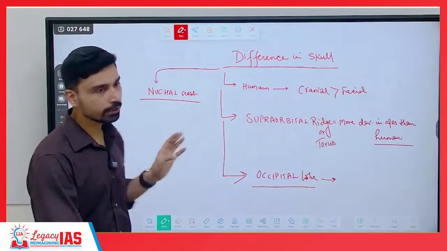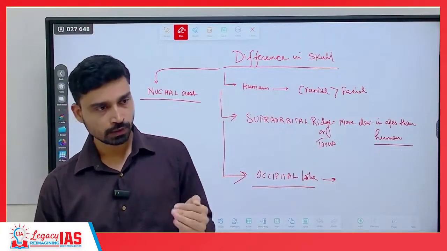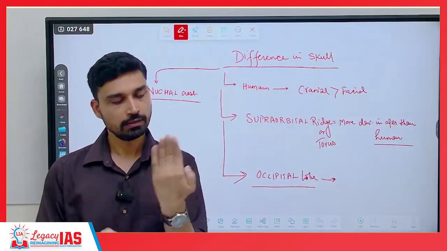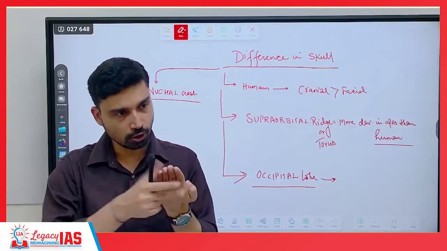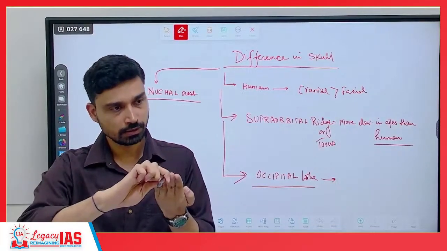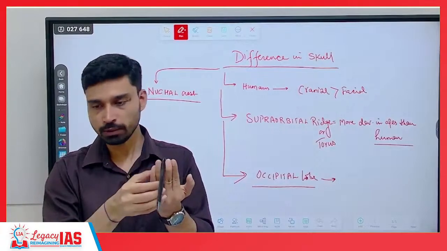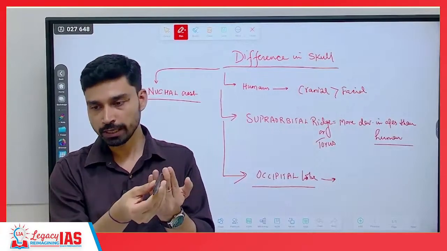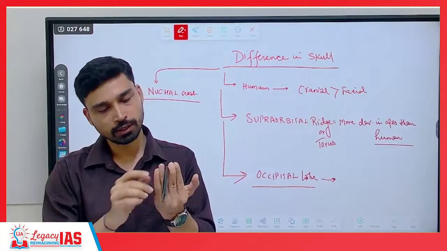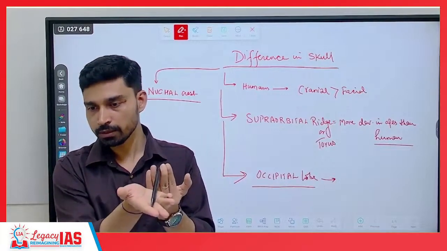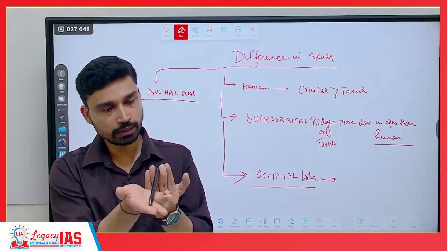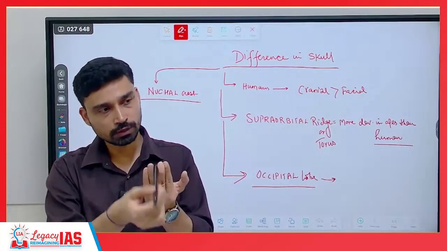The reason again is because of the positioning of the skull. If you look at the apes, what is happening? This is like the foramen magnum or spinal column, and the skull is placed like this. Suppose this is the vertebral column in the apes. The skull is kind of projecting in an outward direction. So obviously this is a bigger area having a lot of weight. How can you support this weight of the skull?